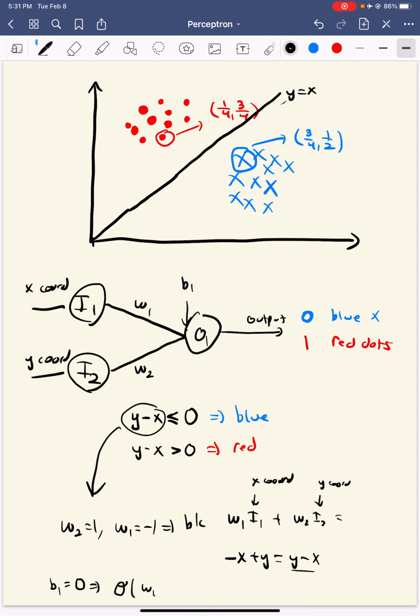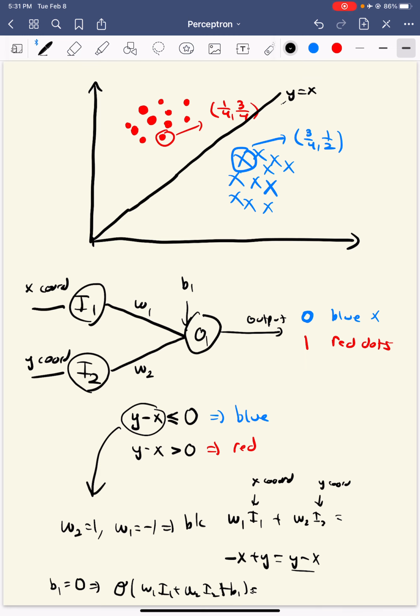I just want the line y minus x. If I really wanted the line y minus x plus c, then I'd choose B1 to be c. So this is W1I1 plus W2I2 plus B1.